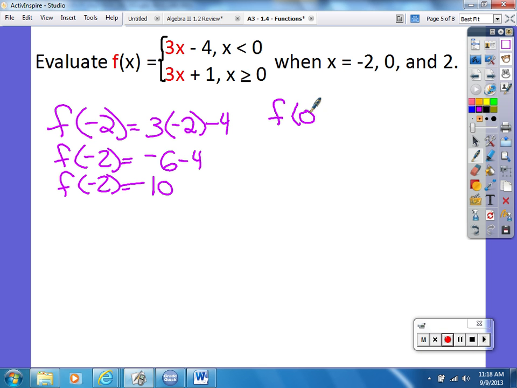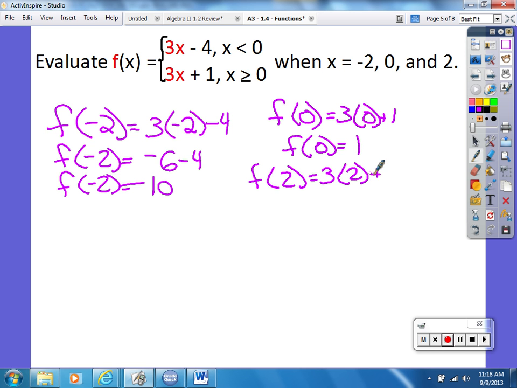Which one do I plug it into, the top one or the bottom one? Correct, the bottom. And here's why, because it says greater than or equal to 0, so it fits that constraint there. So 3 times 0 plus 1, so f of 0 equals 1. F of 2, top or bottom? Bottom. 3 times 2 plus 1, so f of 2 is equal to 7.